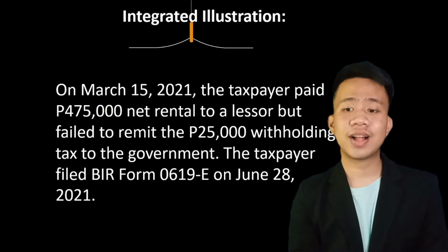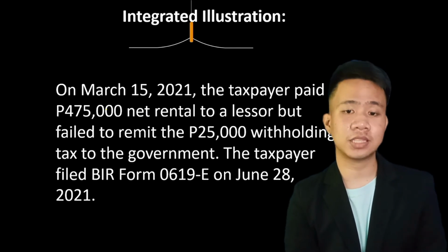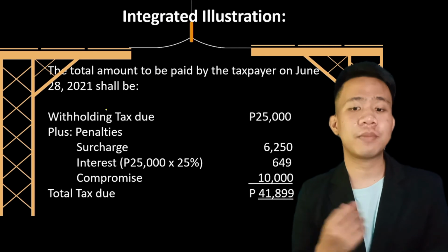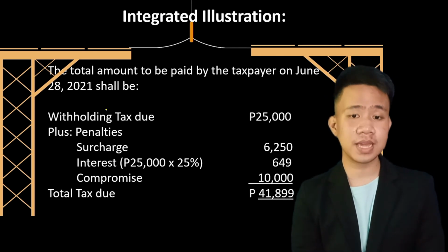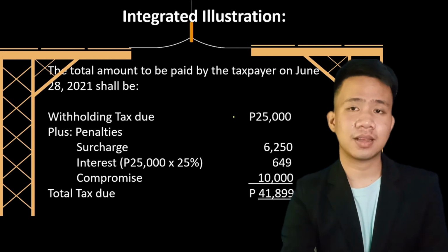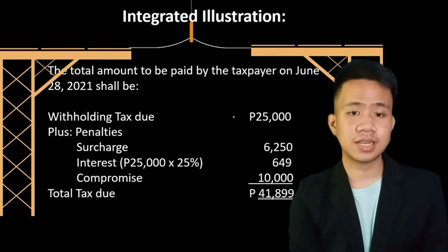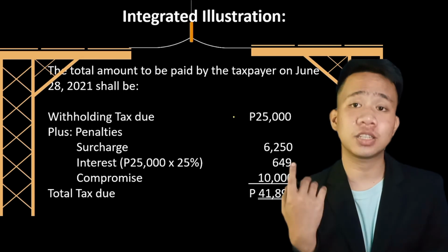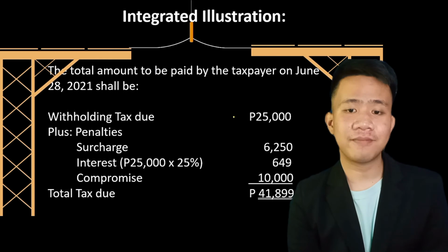The taxpayer filed the BIR Form 0619E on June 28, 2021. So the total amount to be paid by the taxpayer on June 28, 2021 shall be, let's compute this by the following. So withholding tax due 25,000 plus the penalties. So the penalties are the surcharge, wherein it is computed as 25,000 times 25%.